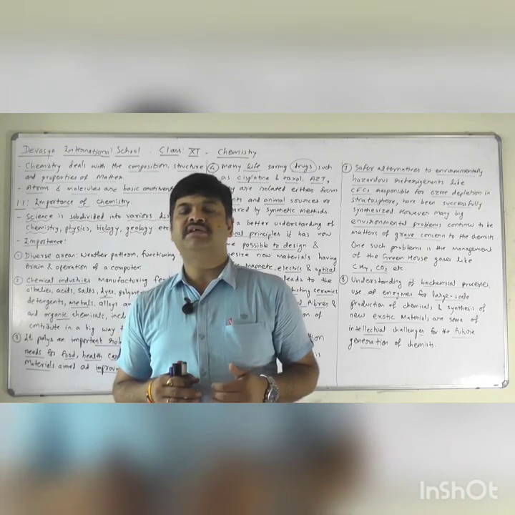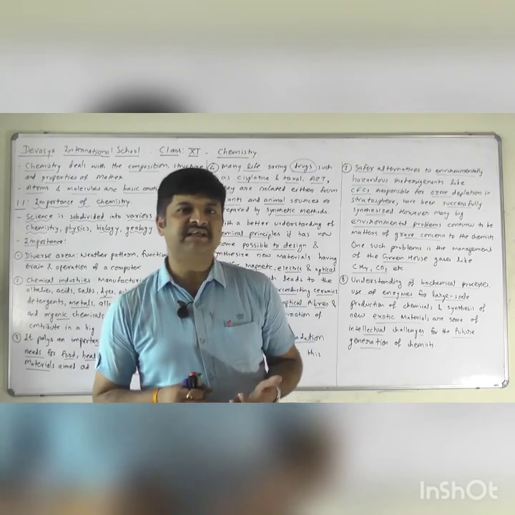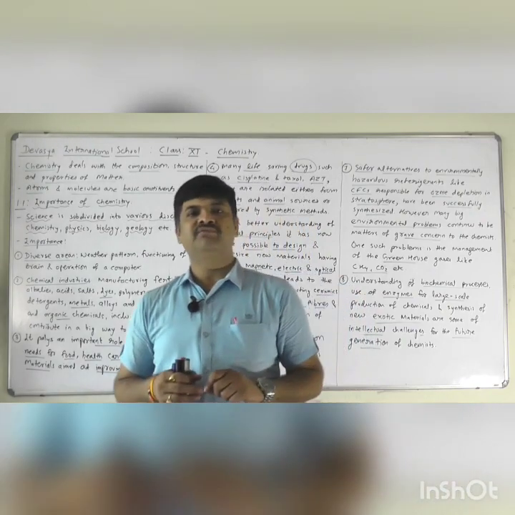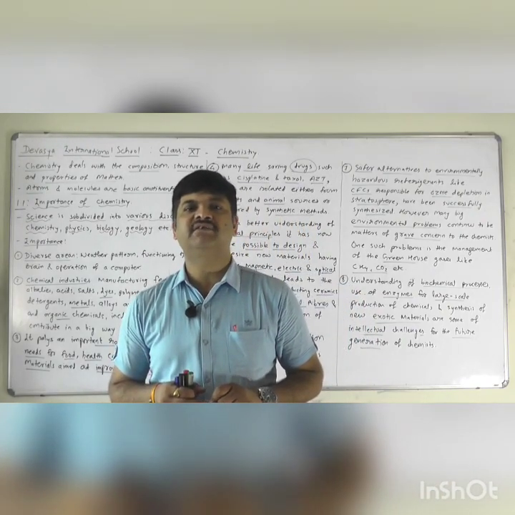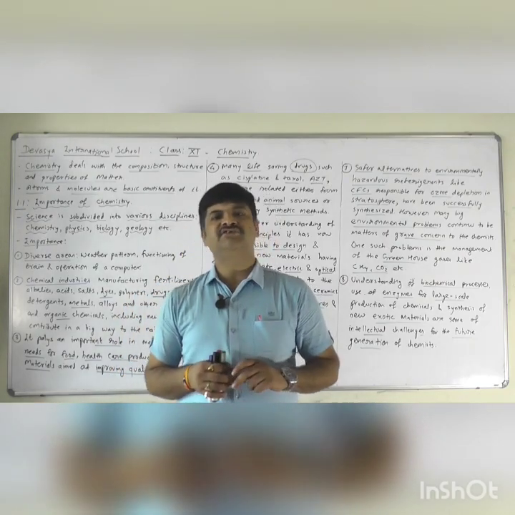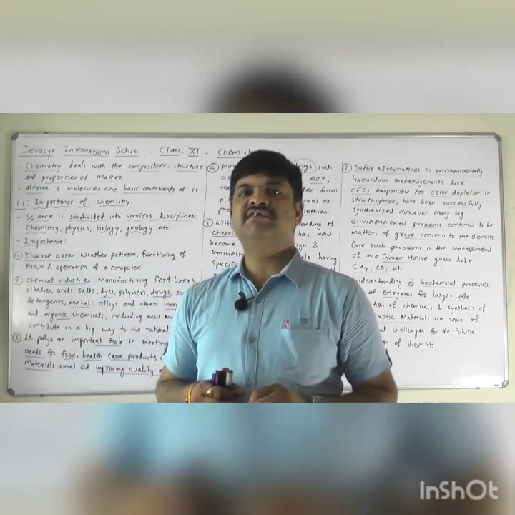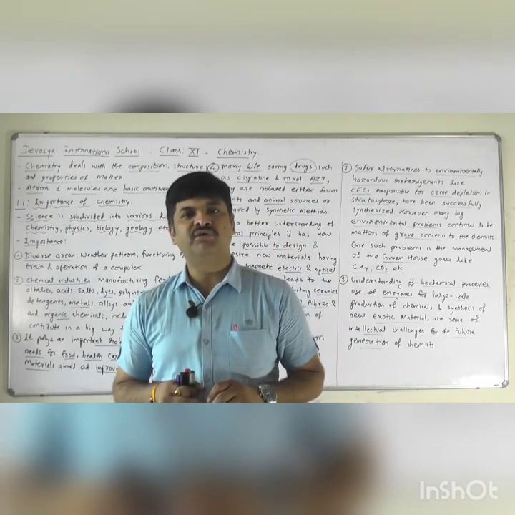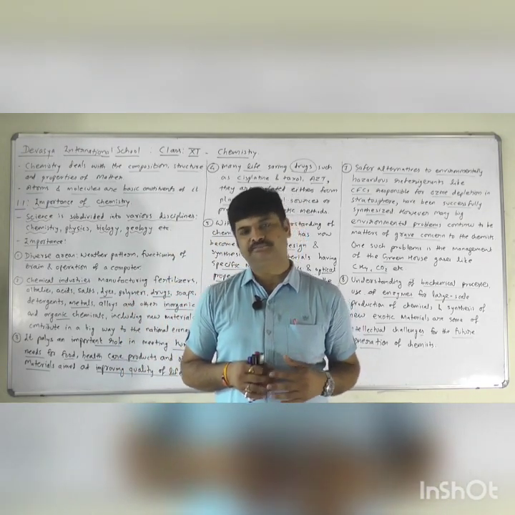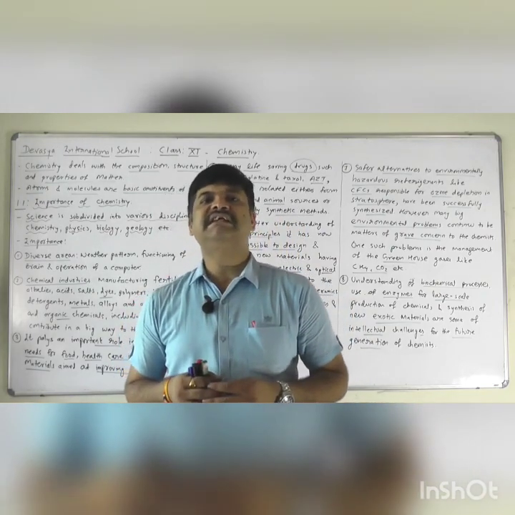In another way, we can say that matter means material which occupies mass and volume. So what is matter? Matter means material which occupies mass as well as volume. Clear?